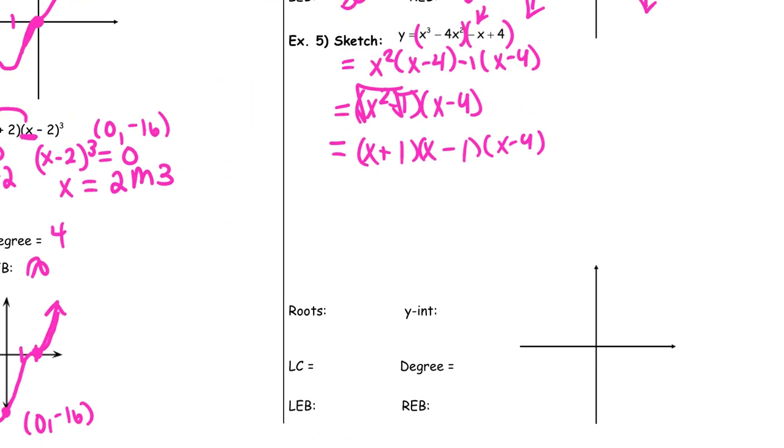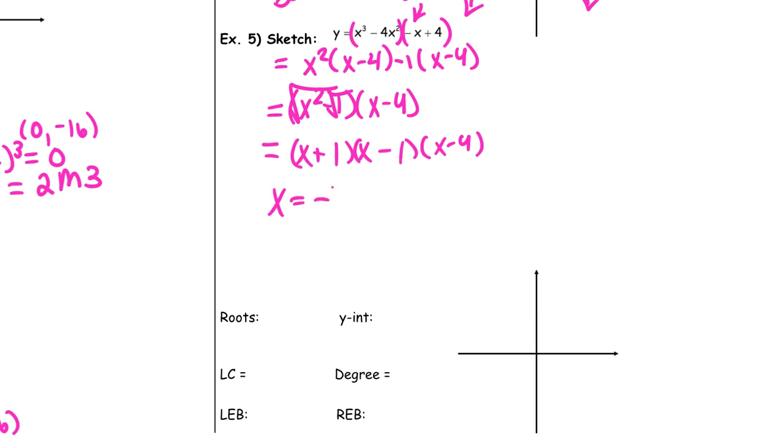So our roots are X equals negative 1, X equals positive 1, and X equals 4. So for roots, I'm going to say X equals negative 1, comma 1, comma 4. They're all a multiplicity of what? 1.